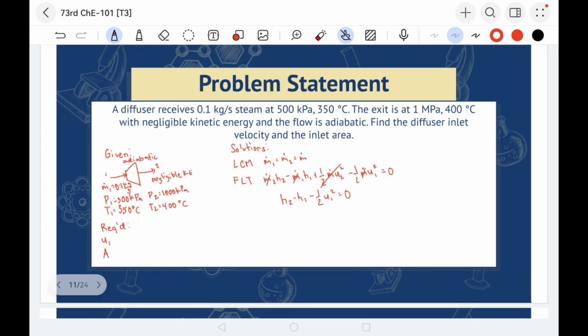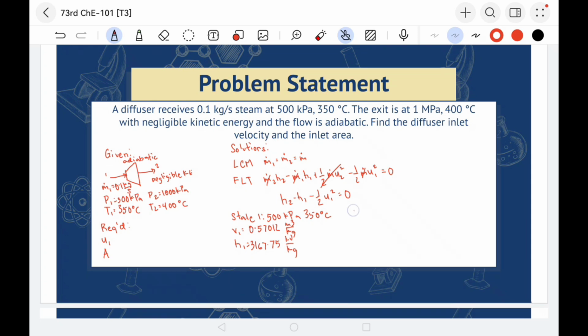So now let us analyze state 1, which is at 500 kilopascals and 350 degrees Celsius. Let us get the specific volume and the enthalpy for these parameters. Looking at the Sontag tables, V1 will be 0.57012 cubic meter per kilogram, and H1 will be 3167.75 kilojoules per kilogram.